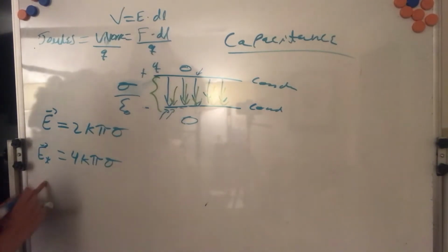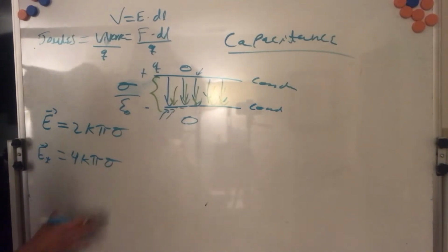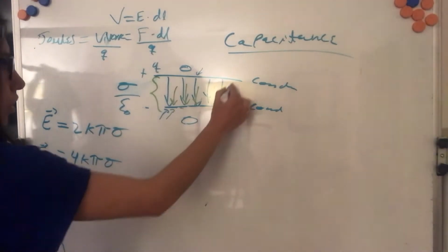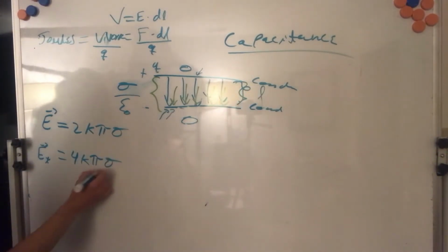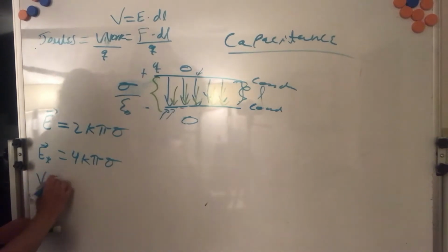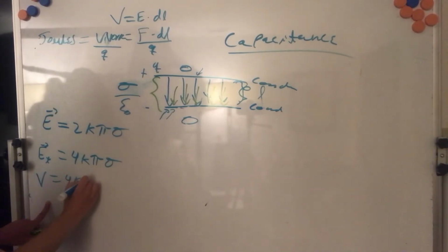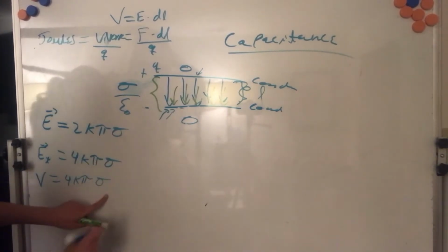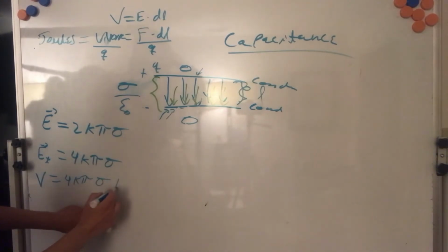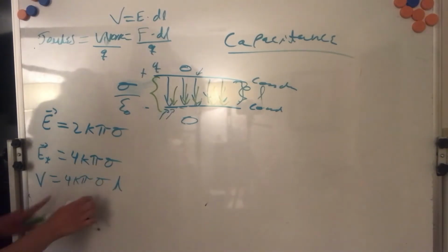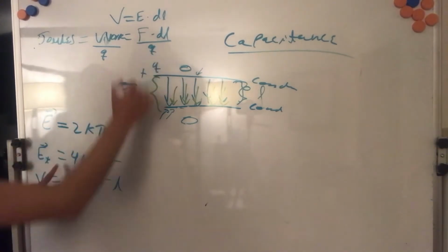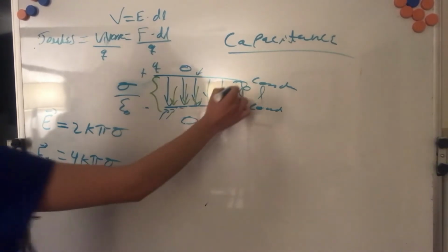So the electric field times the distance of separation, this could be L, then the voltage would be 4k pi sigma times L. Sorry, this is the electric field times the distance.